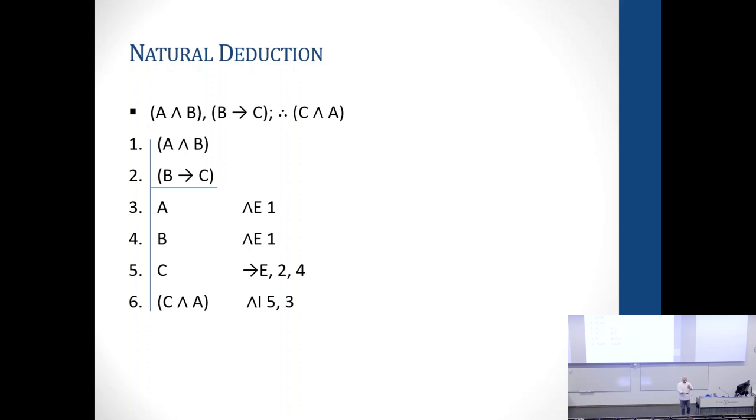But the general process is straightforward. We have premises, we apply rules to derive sentences, we keep working until you've derived the conclusion. Every step along the way, you're going to indicate where the sentence came from: rule, sentences that you applied to get there. Cool? Okay.